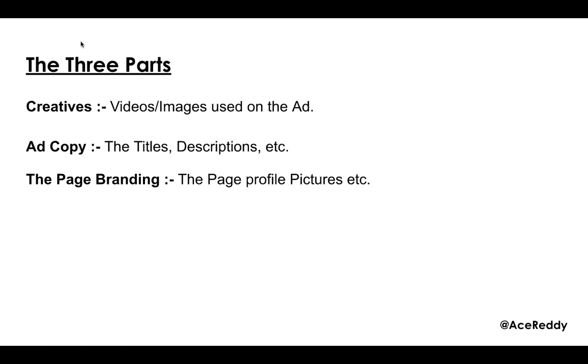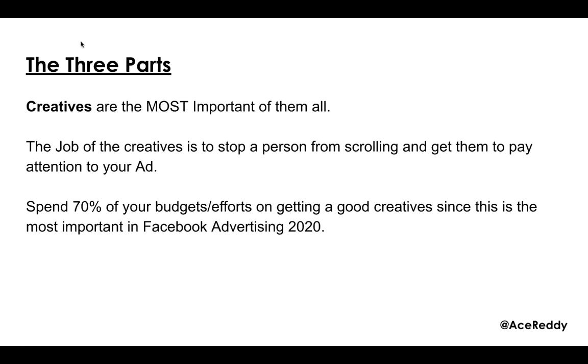Now, here's the breakdown of the importance of these elements. The creatives, which are the images and videos that you use in your ads, are the most important out of everything. If I was shooting this module four years ago, I'd tell you that the ad copy was the most important, because back in the day, you needed great ad copy to stand out and get results.